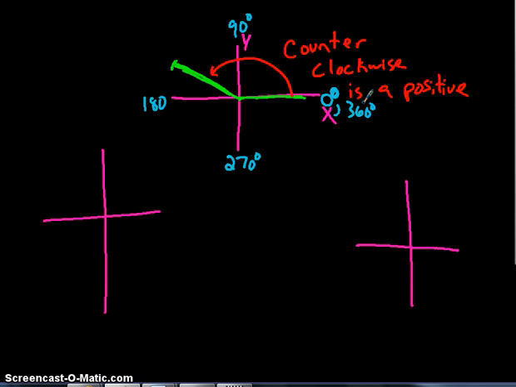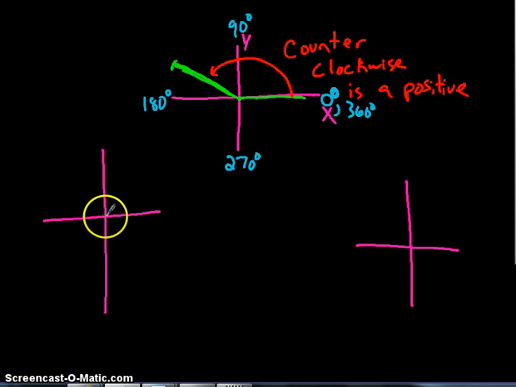In trigonometry, you're going to find that 0 and 360 degrees are the exact same thing, with the exact same values. These are the quadrants: 90, 180, 270, and 360, going counterclockwise. Those are the angle measurements for any angle.